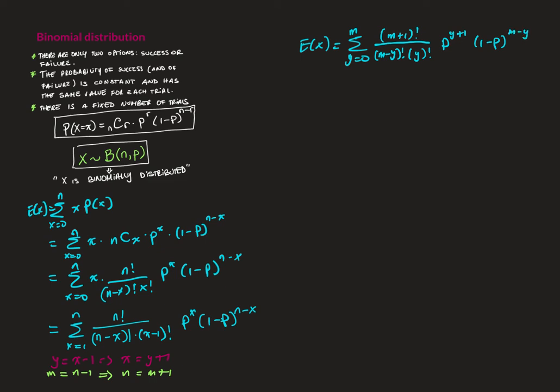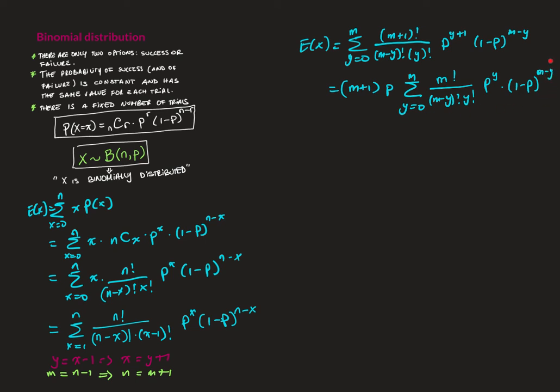Looking at this expression, we can take m plus 1 and p out of the sum, and we get m factorial over m minus y factorial times y factorial, p to the power of y times 1 minus p to the power of m minus y.